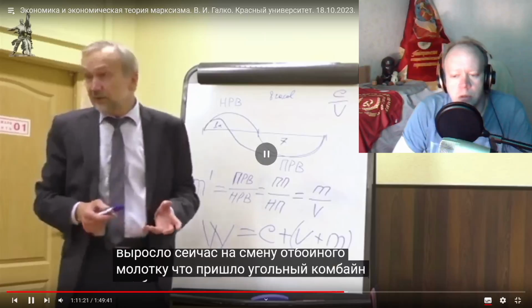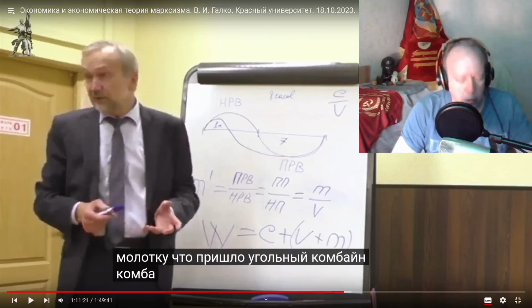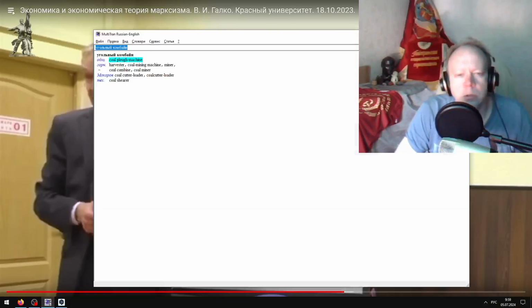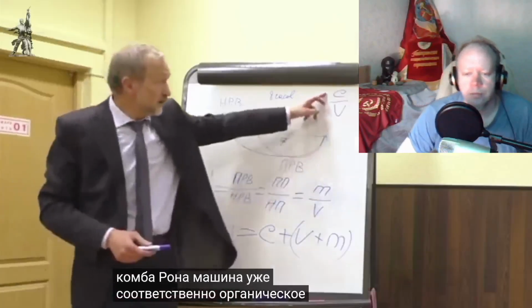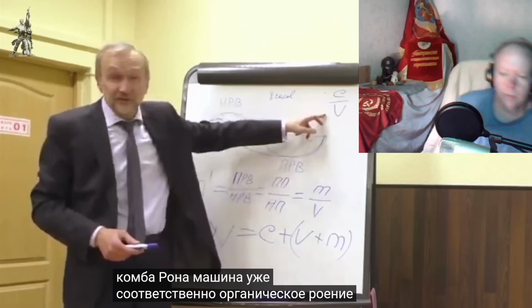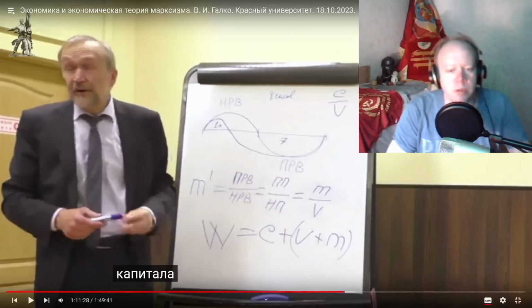Угольный комбайн, coal combine, or a coal mining machine, harvester. Coal cutter loader replaces the power drill. The organic composition of capital increases again.